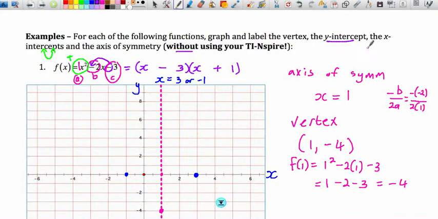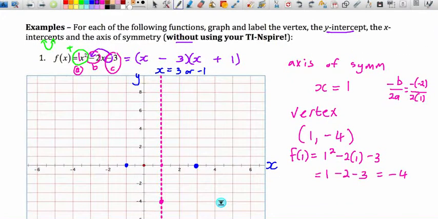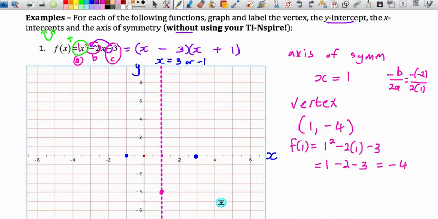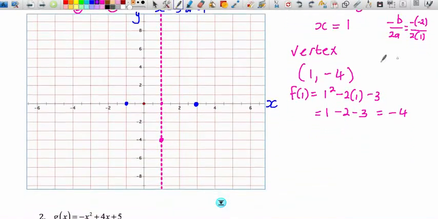The y-intercept, as I mentioned before, is when x is equal to 0, so that would cancel the x squared and the 2x term, and of course the easier, quicker way is just to identify what c is, which is the constant, the value that has no x squared or x. In this case the constant is minus 3, and so that gives us our y-intercept, which is occurring at x equals 0, y equals minus 3.